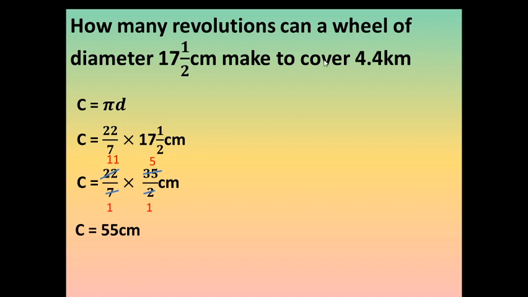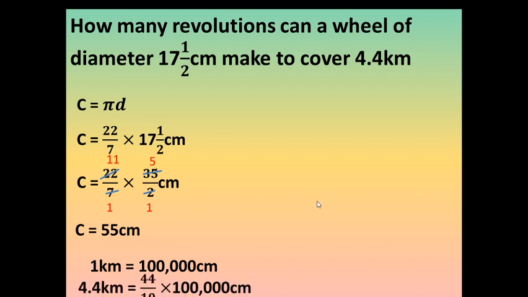So we need to change from kilometers to centimeters. How do we get that? 1 kilometer is the same as 100,000 centimeters. How many kilometers do we have here? We have 4.4 kilometers. In simple terms, 4.4 is the same as 44 out of 10.